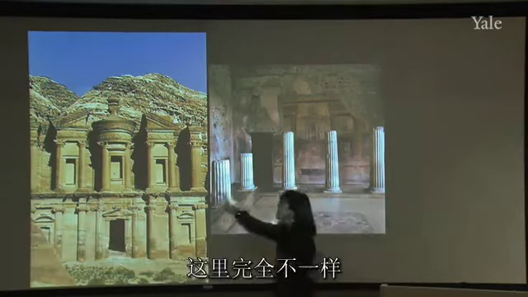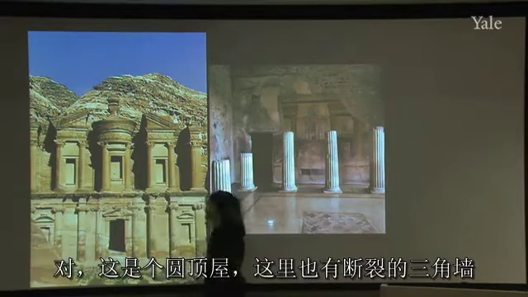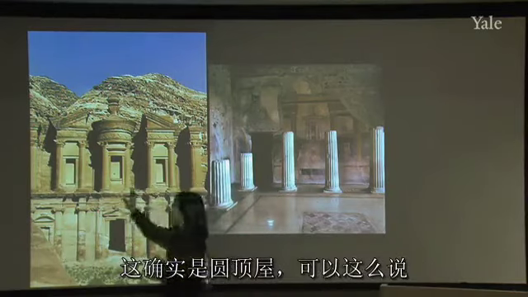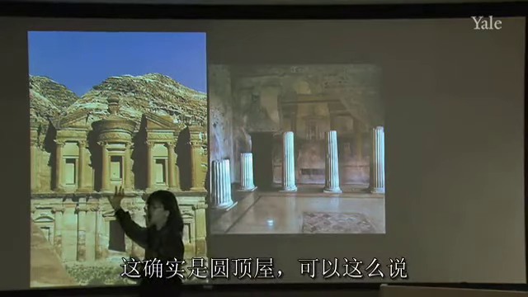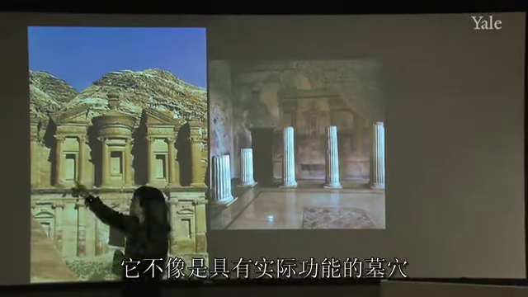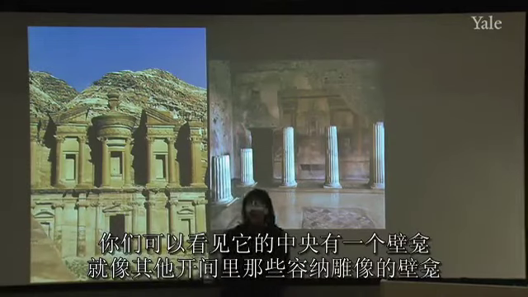pediment. That is entirely different here. Yes, there's a tholos. Yes, there's a broken triangular pediment. But the tholos has been turned into a decorative motif among many. It is a tholos, yes, but it doesn't look like a working tholos, so to speak. You can see that it has a niche in the center of it, just like the other bays have niches that probably held a statue.